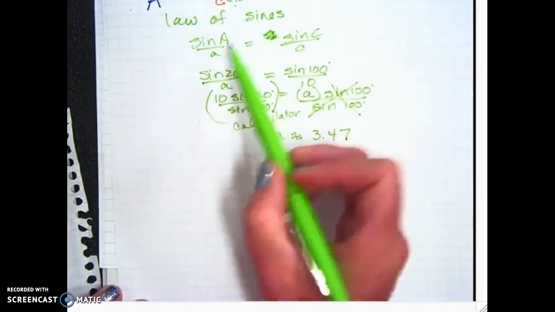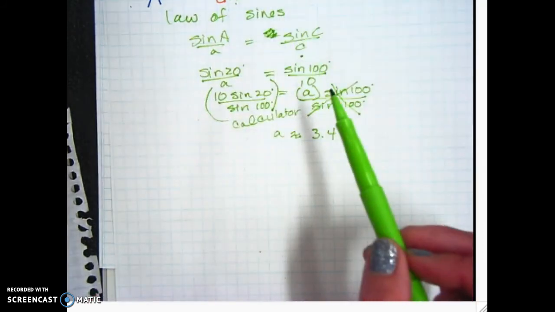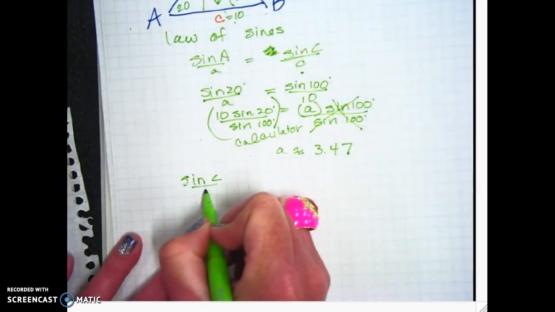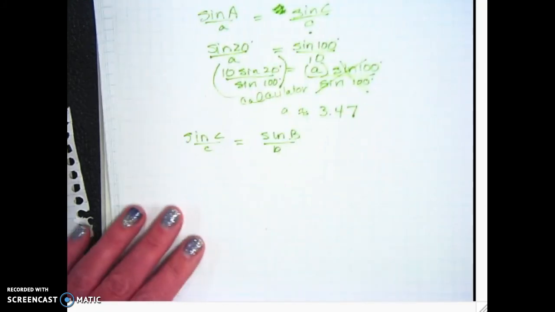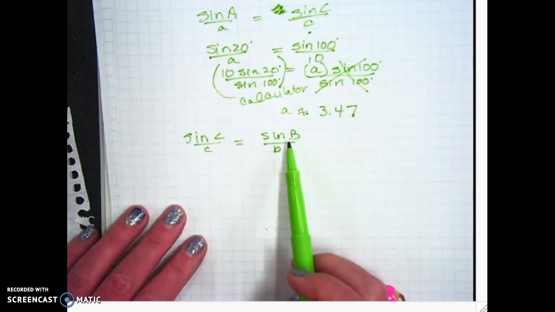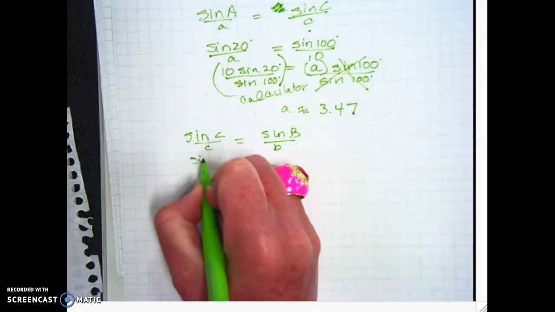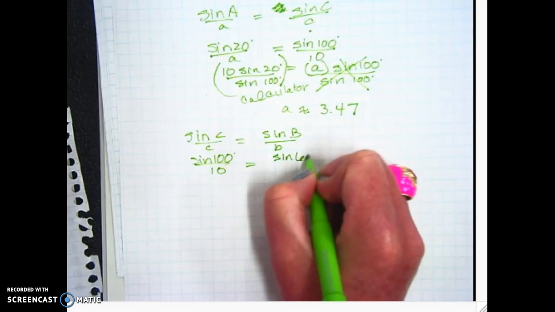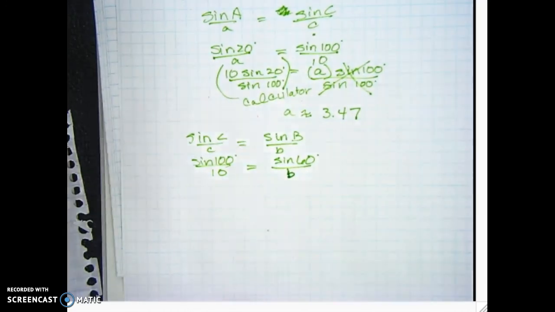So now instead of doing sine A and sine C, let's do, what did I do in my notes? C and B. I did C and B, okay? So sine of C over side C equal to sine of B over B. I'm just doing B because I had it in my notes, but could I have done A? Yeah. Okay. So sine of 100 over 10 equals sine of 60 over B. And then do your cross product again.